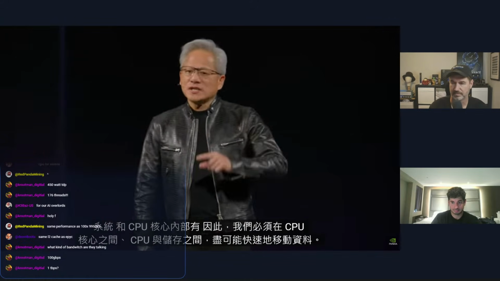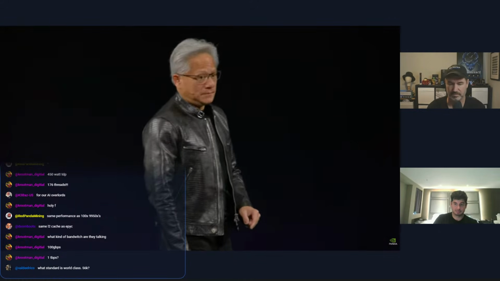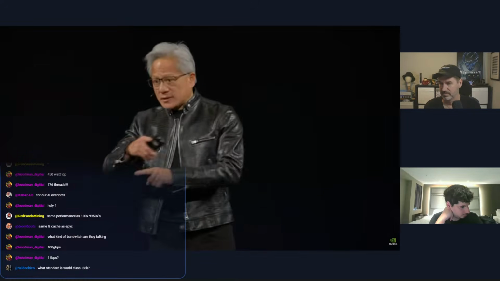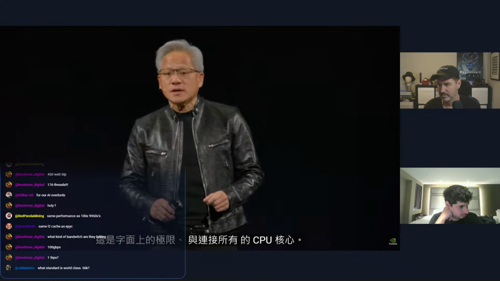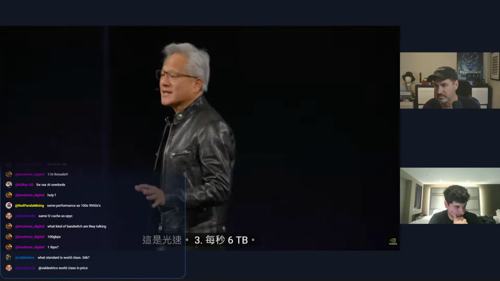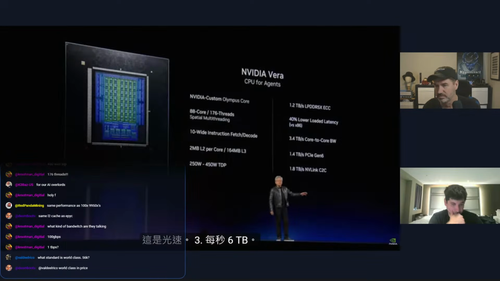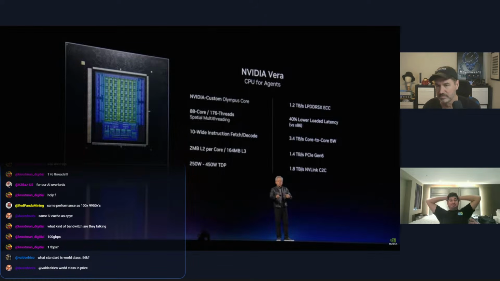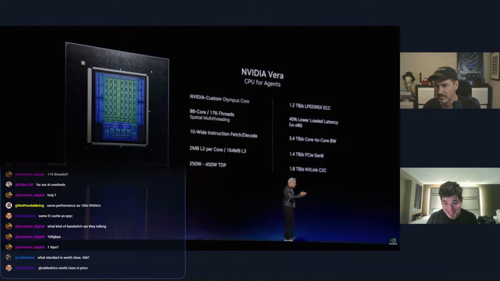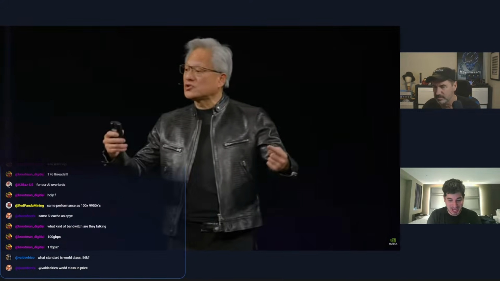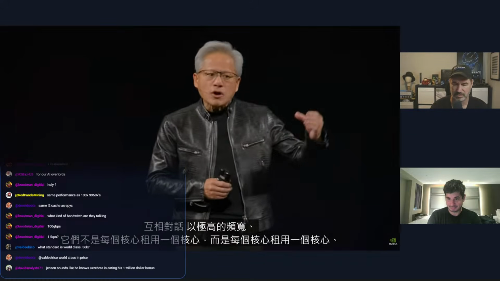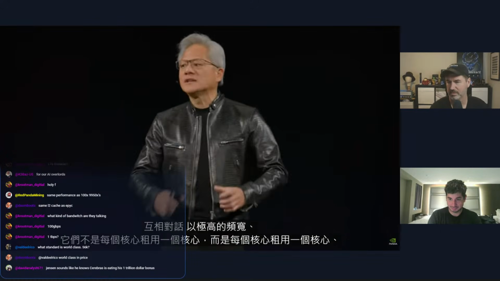This is the first CPU that's been built in a long time that is literally at reticle limits, with a fabric that connects all of the CPU cores at speed of light, 3.6 terabytes per second. No chiplet tax, no chip boundary crossings, because the CPU cores are talking to each other with extremely high bandwidth. They're not rented core per core per core, they're all working together.